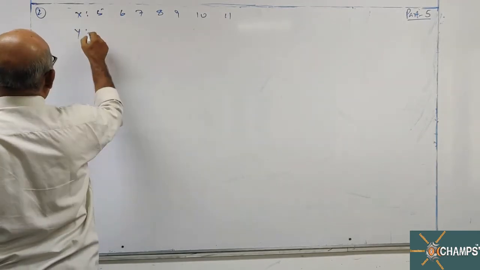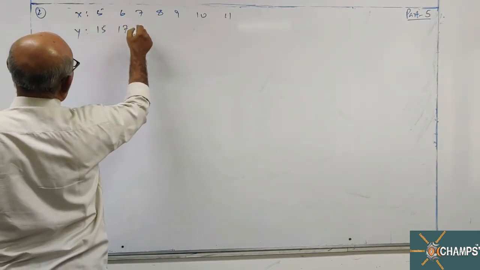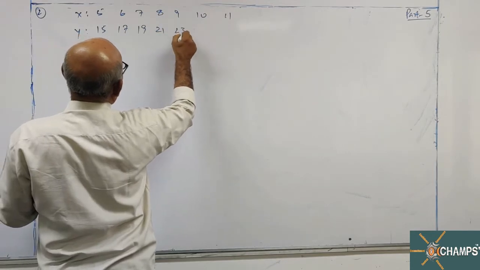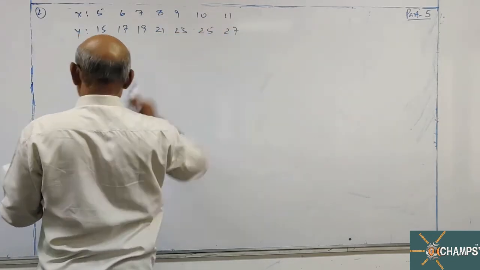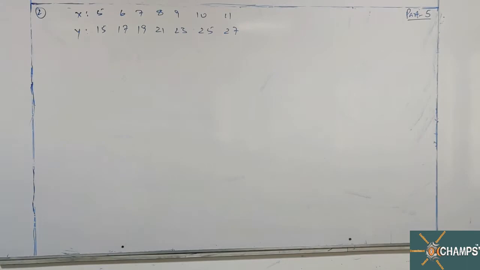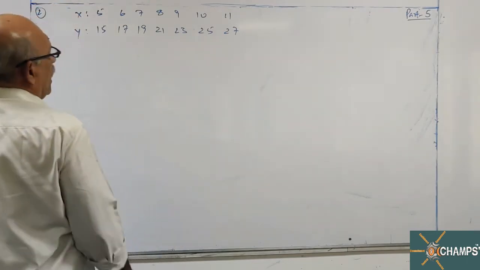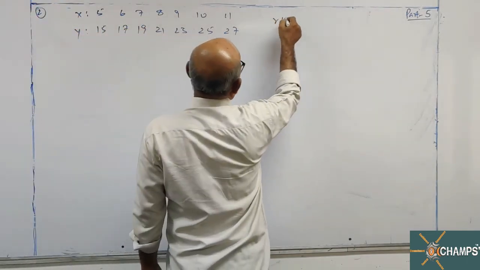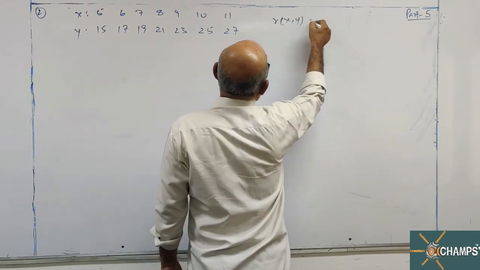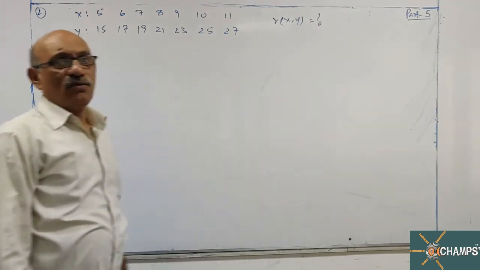Y is equal to 15, 17, 19, 21, 23, 25, 27. R of x comma y is equal to question mark.